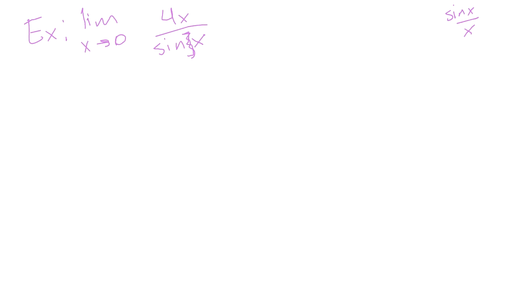So what we can do is multiply times 3 over 3 to get 3's in both the numerator and denominator. When we do that, our function ends up looking something like 3 times 4x over 3 times sine of 3x.